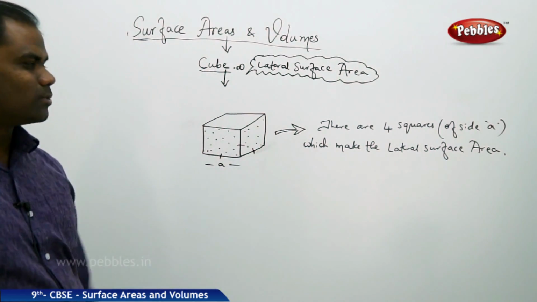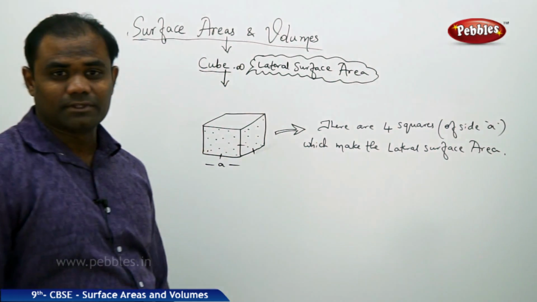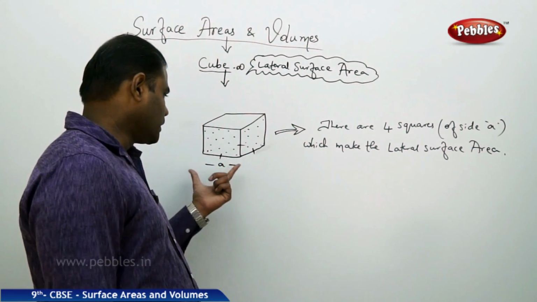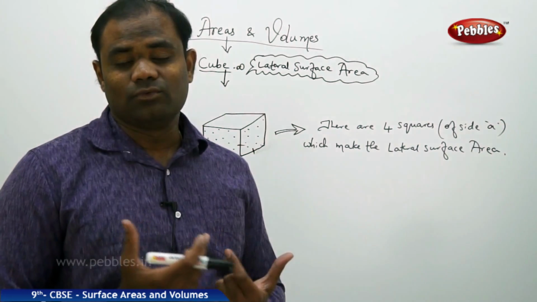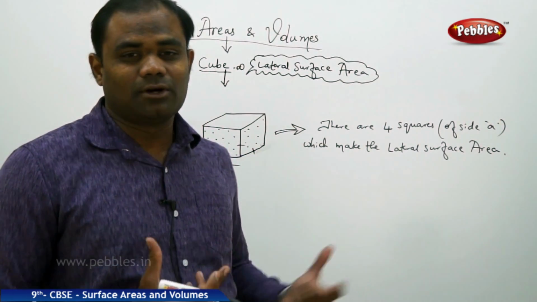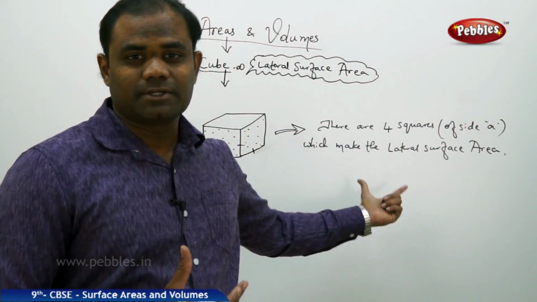Each square has the area A square, so 4 times A square would be the lateral surface area. That's how we understand the lateral surface area of a cube.